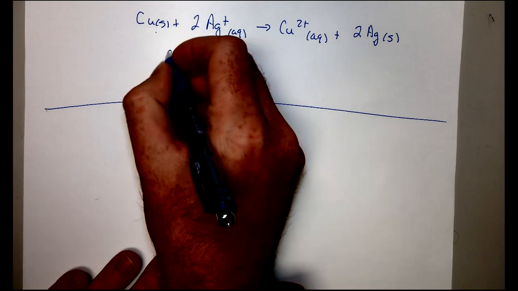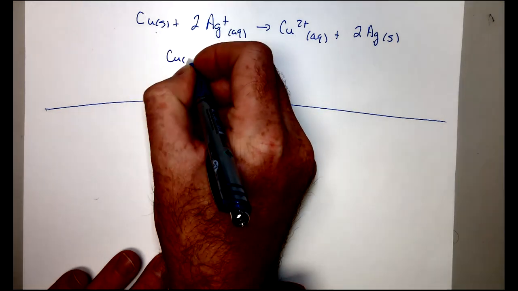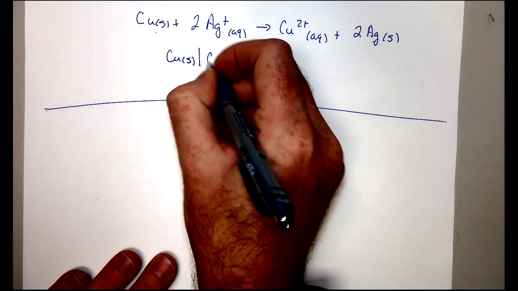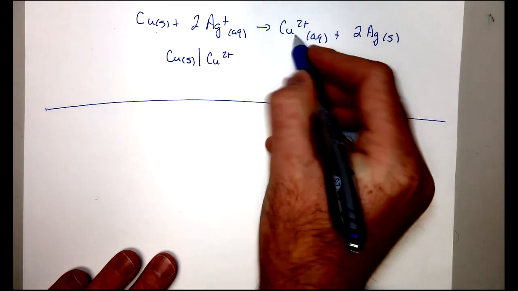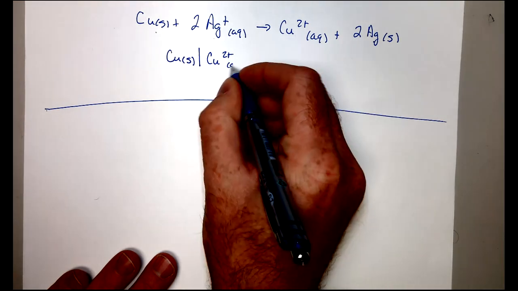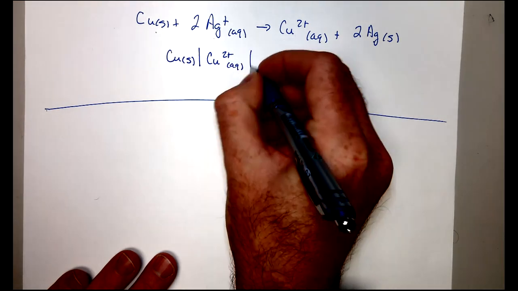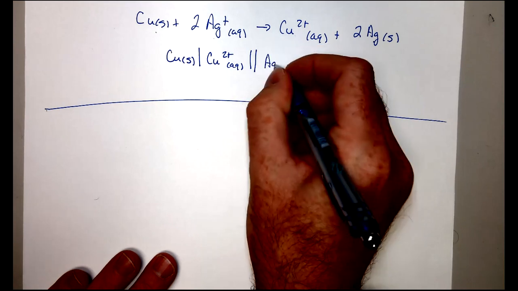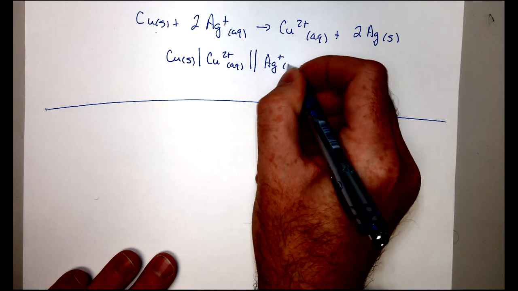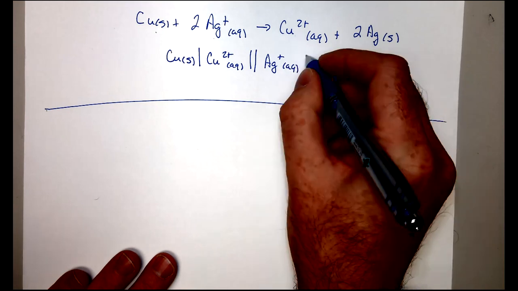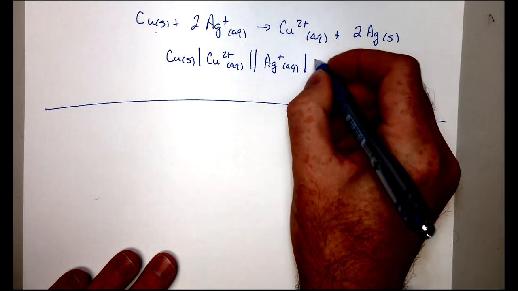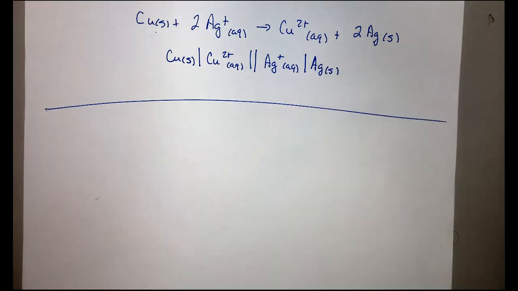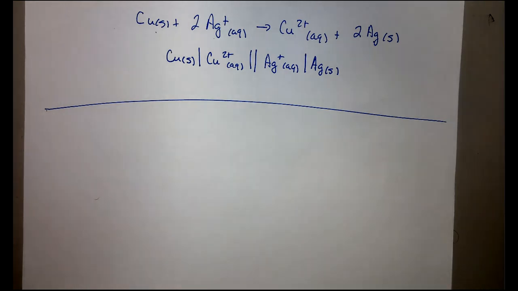So we're going to say Cu, solid line, Cu2 plus, that's the ion produced, aqueous, double line to separate the two halves of the cell. Then we're going to have Ag plus aqueous. Don't worry about the stoichiometry for the purposes of the notation. And then silver metal. And so that would be a proper cell notation for that particular reaction.